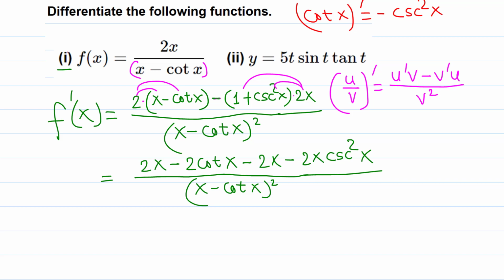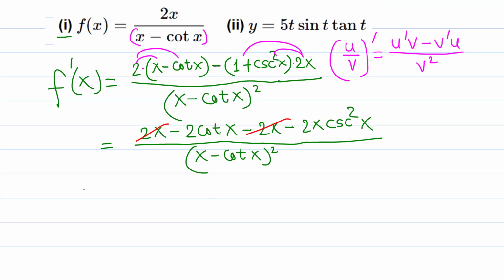This would have been the final, but we can cancel positive 2x and negative 2x. So we need to do that, cancel, and write down the next step, x minus cotangent x quantity squared. Okay, and that leaves negative 2 cotangent x minus 2x cosecant squared x.